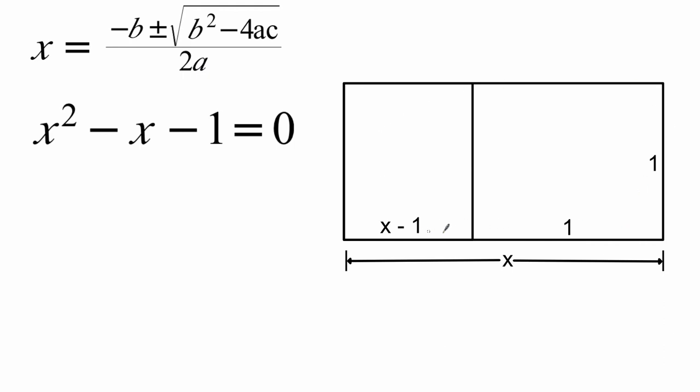Alright, so if you think about this in terms of a problem like this, this is a rectangle of sides length x and 1. And there's a thing called the golden ratio, and a lot of painters have used this over time, that says there's this special line that you can put here, this special place where the ratio of the sides are equal.